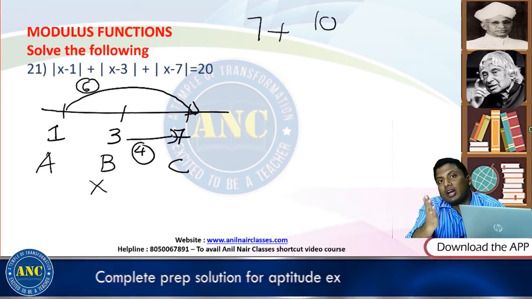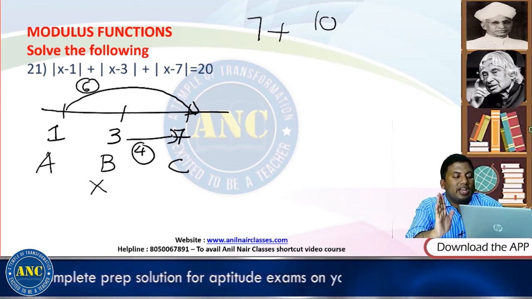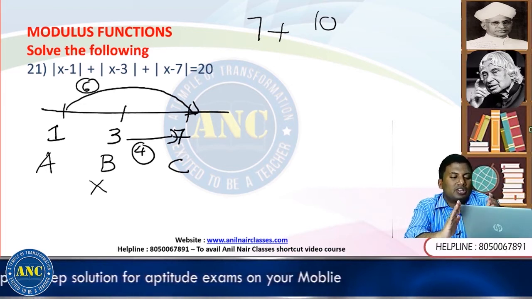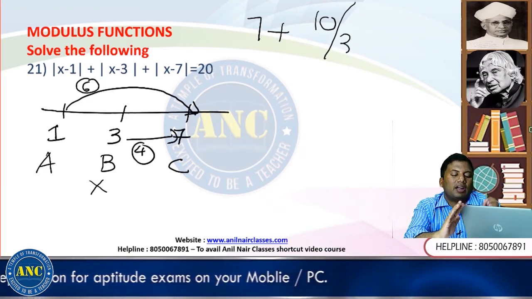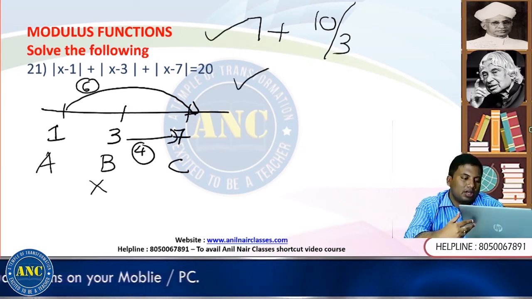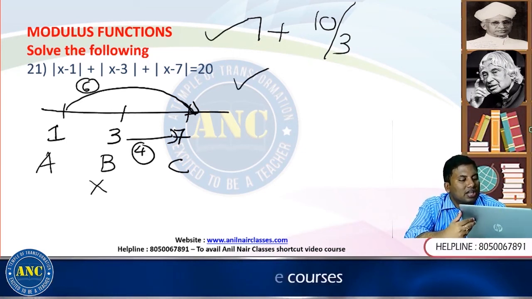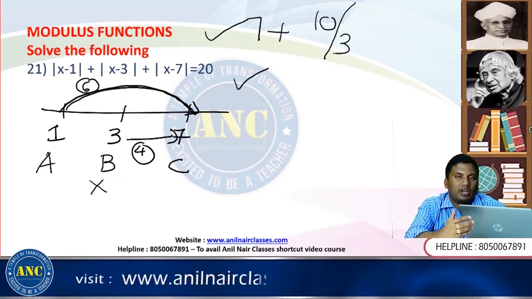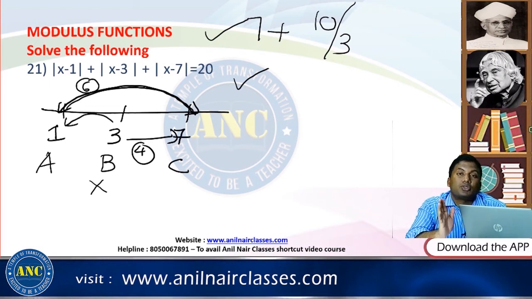10 units to the right of 7 is plus. A reached C, B reached C. 3 people are traveling. 7 plus 10 by 3. First answer. Second answer, C travels 6 units. B travels 2 units. 6 plus 2 is 8. 8 already traveled.